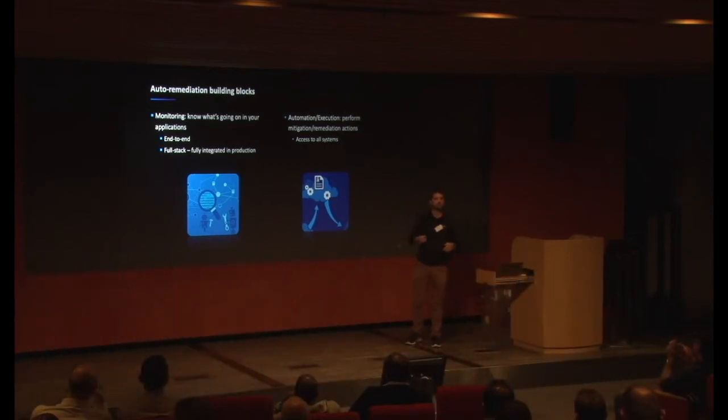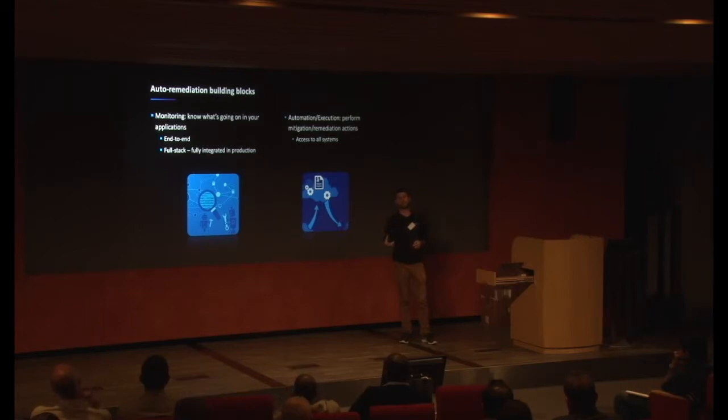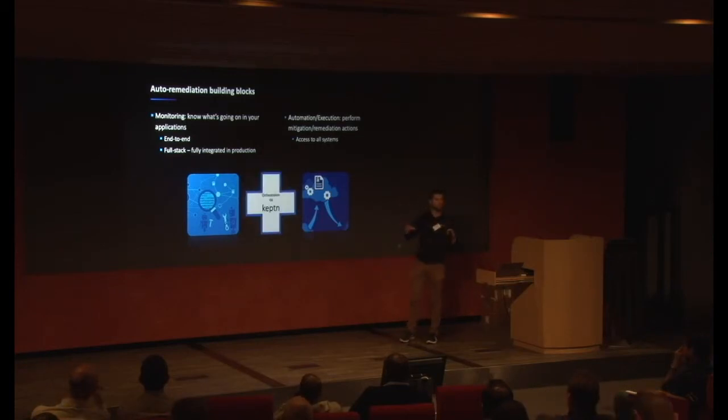So you just need to be aware of what's going on in your application, in your environment. And on the other hand, you need some automation. You need to be able to automatically execute actions, like counter actions if something goes wrong. And in between, the orchestration, as I showed you before, can be done with Captain.